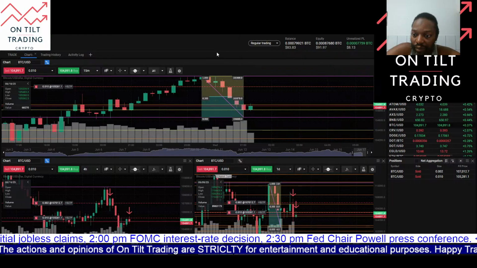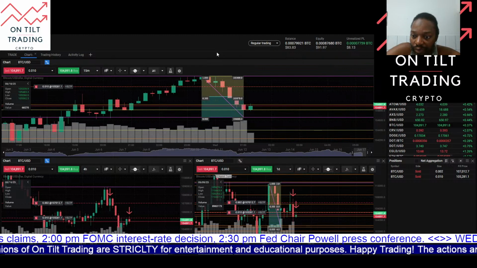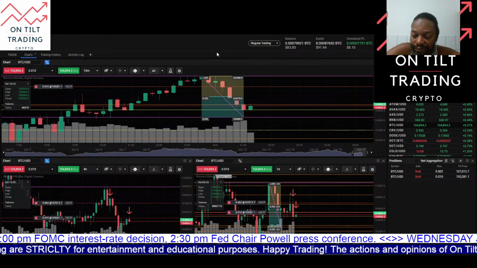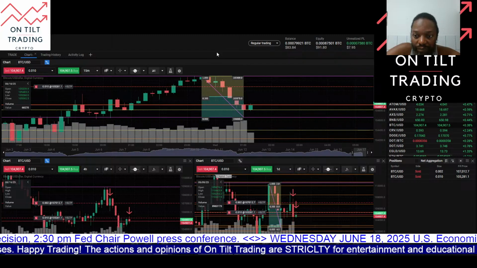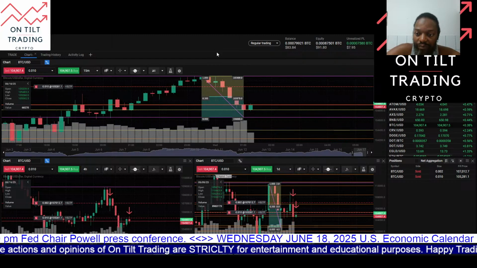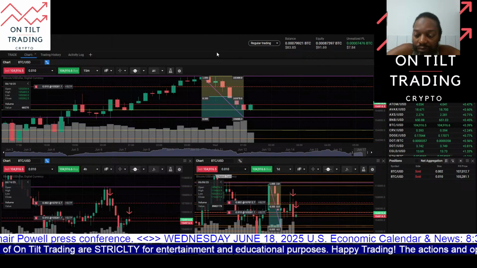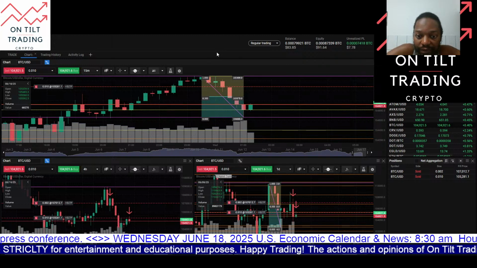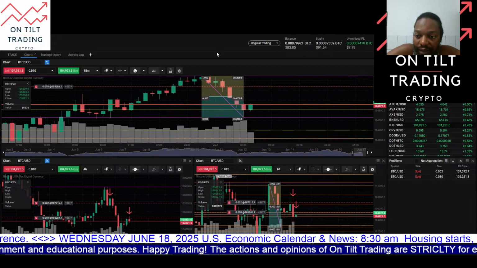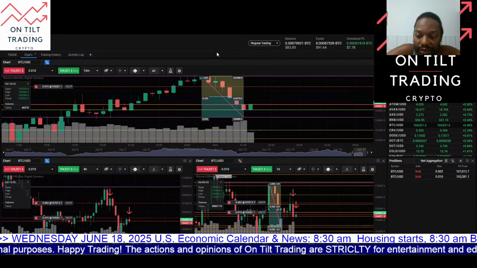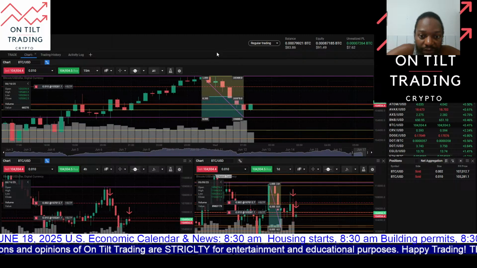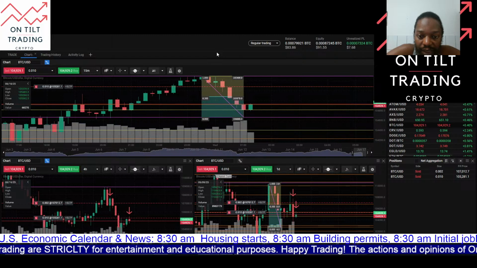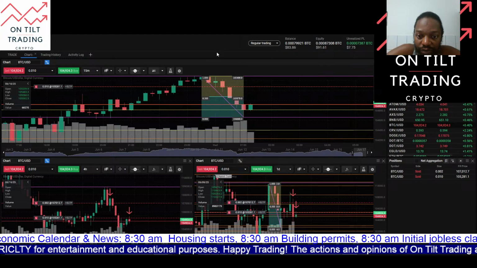And price currently just under the 104,900 level. And price being delivered to the buy side, potentially with a test of the current 15-minute high and a potential break of the previous 15-minute high, creating a new 15-minute overall high.